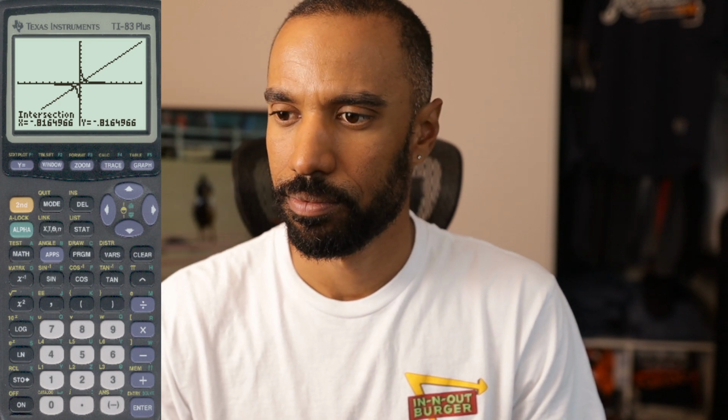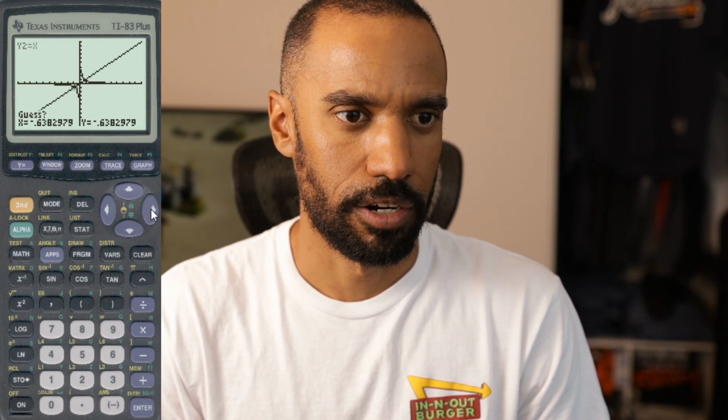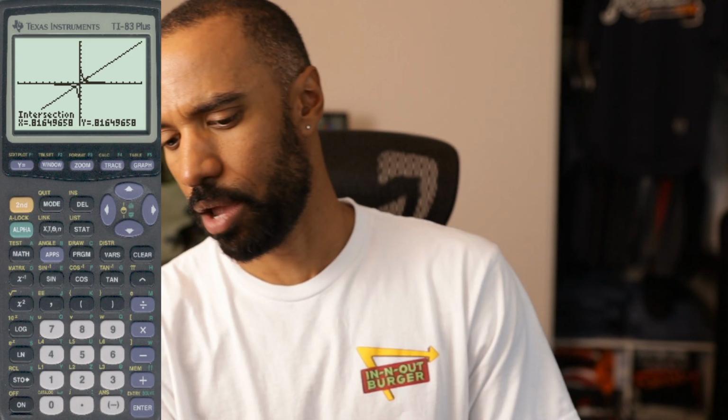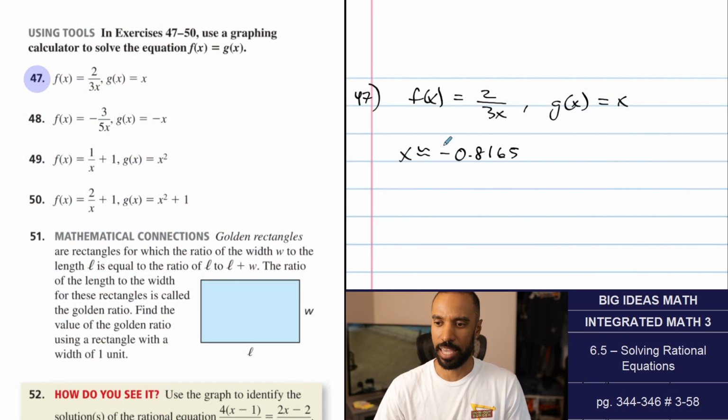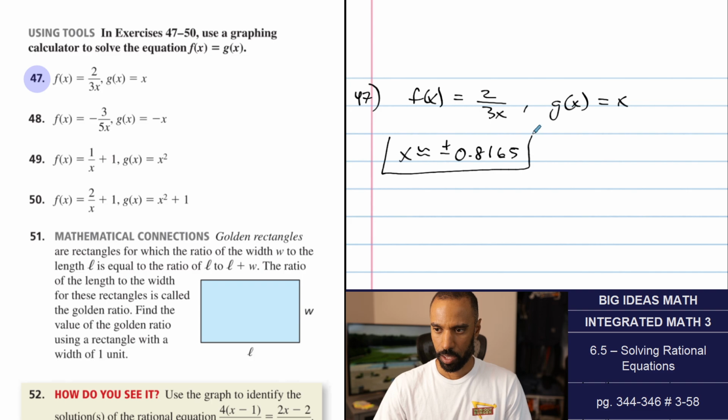Negative 0.8165. And I'm guessing it is positive 0.8165, given the nature of these. First curve, second curve, and guess. I got to get closer to this side here. Positive 0.8165. So where they intersect, we're finding the x values there, so plus or minus these two.